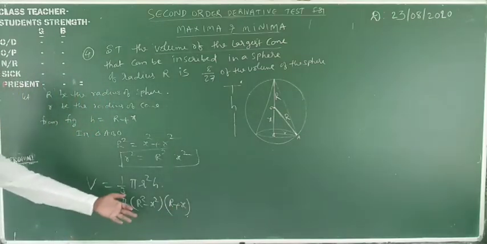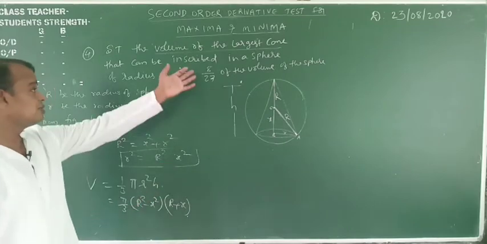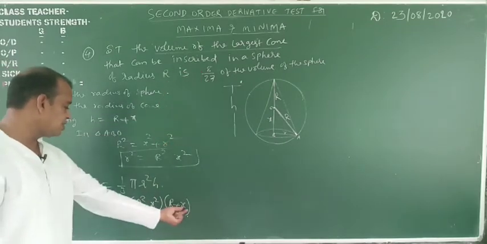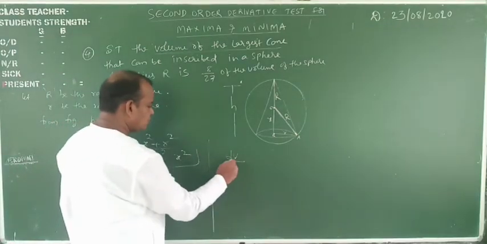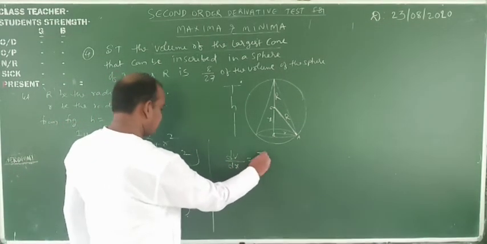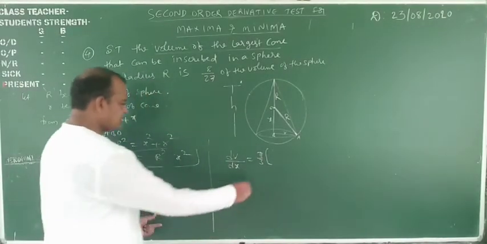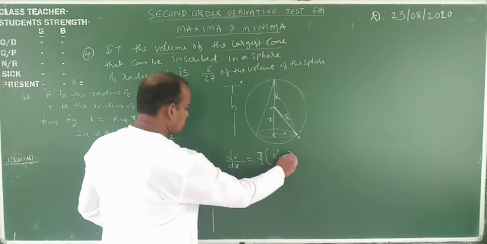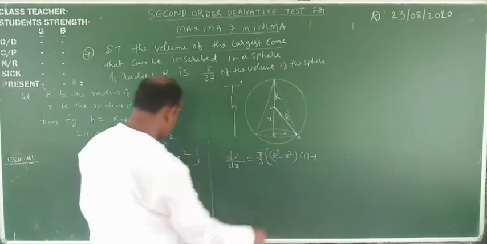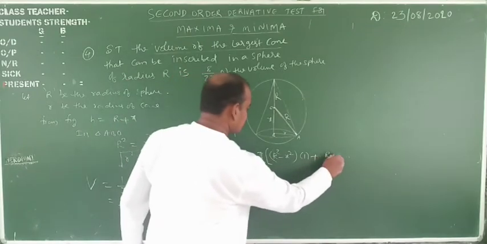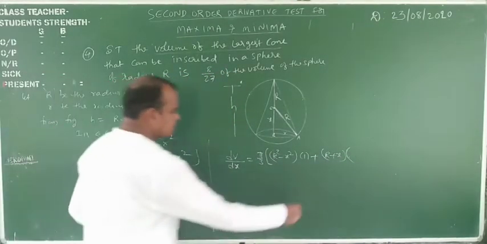Now differentiate with respect to x. Here the radius of the sphere R is constant, only x is the variable. So dV by dx is equal to pi by 3 into, using the uv method, (R square minus x square) into the derivative of R plus x, which is 1, plus (R plus x) into the derivative of R square minus x square, which is minus 2x.